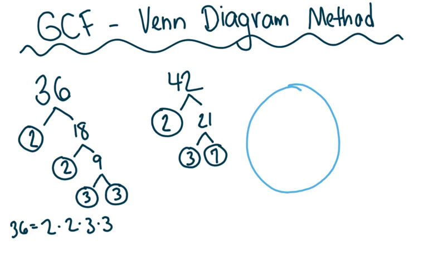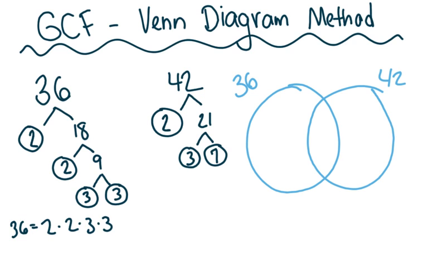diagram so we can organize our information, placing 36 and 42 here, and this middle category is where you put both. Let's clean that up a little bit. So we're going to look for the numbers that our numbers share, the factors that are shared between 36 and 42.